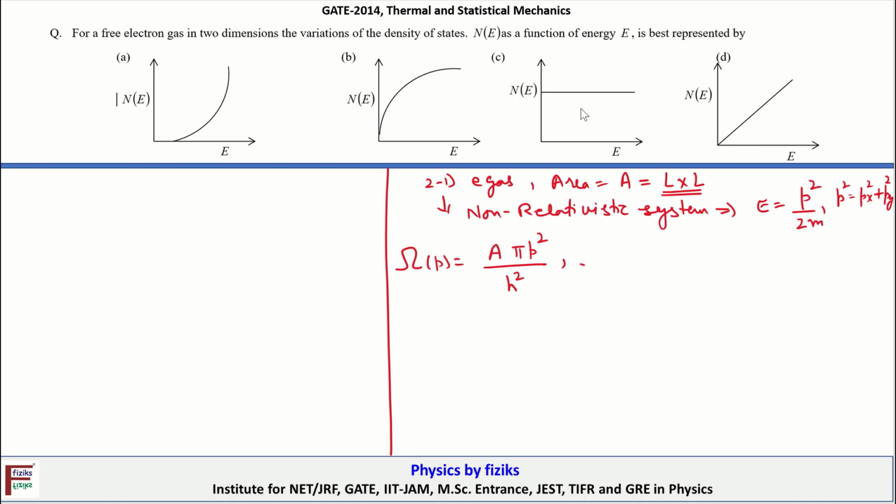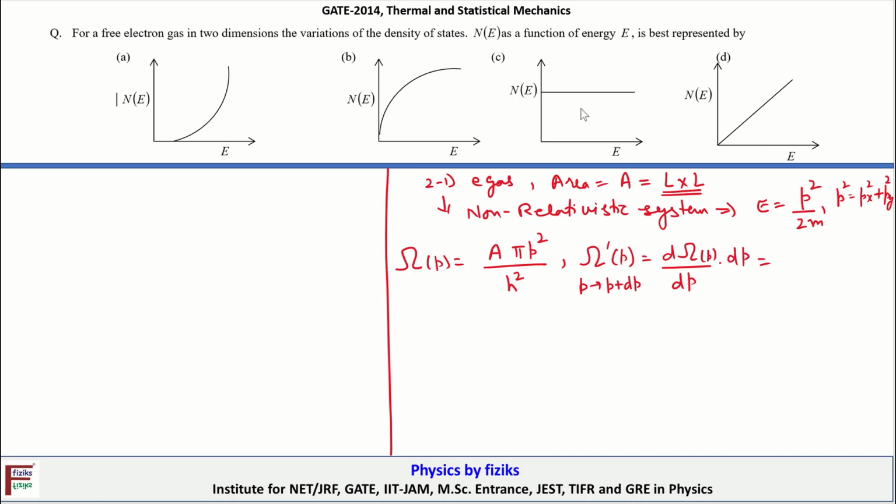From here we can calculate the number of energy states with momentum ranging from P to P plus dP, which is equal to d omega(P) upon dP multiplied by dP.